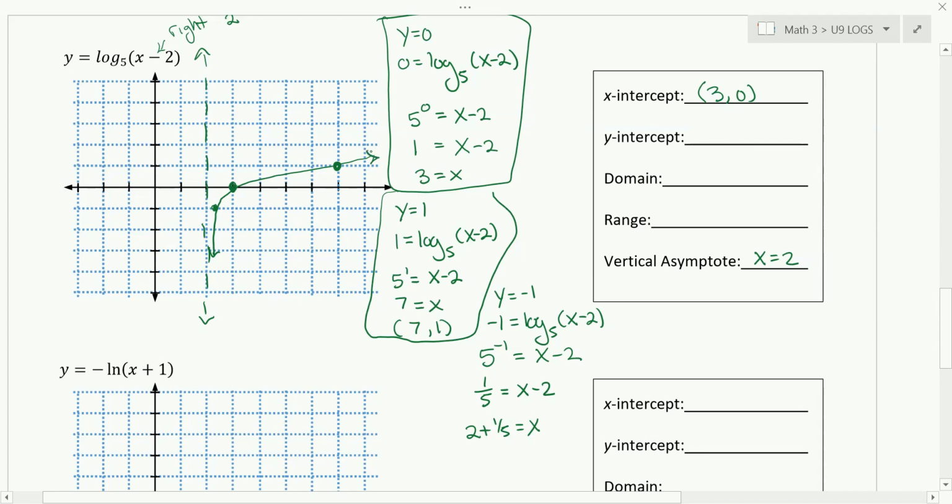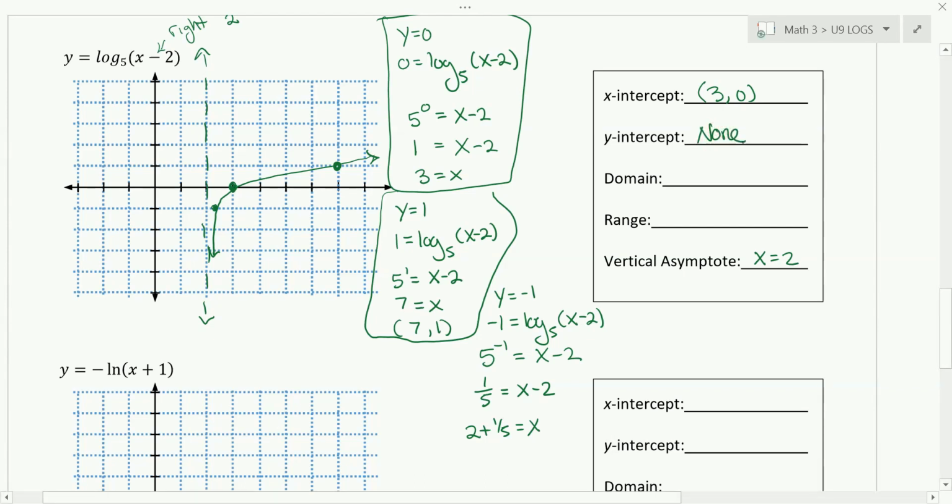Should I check for the y-intercept, or do we know for sure there's none? Here's the y-axis. This thing will never even get to the vertical asymptote. Will it reach the y-axis? No. So we don't need to check. We just write none. We definitely need to think through it.